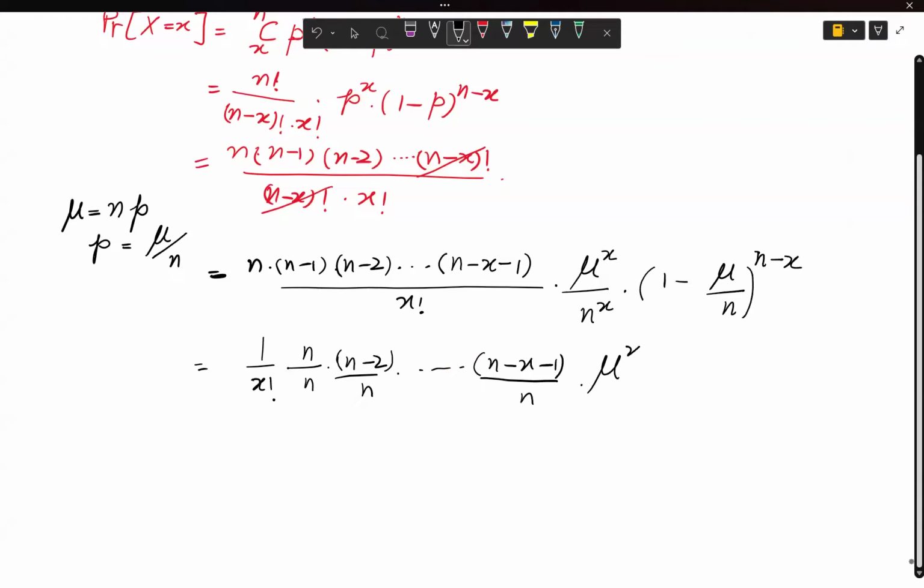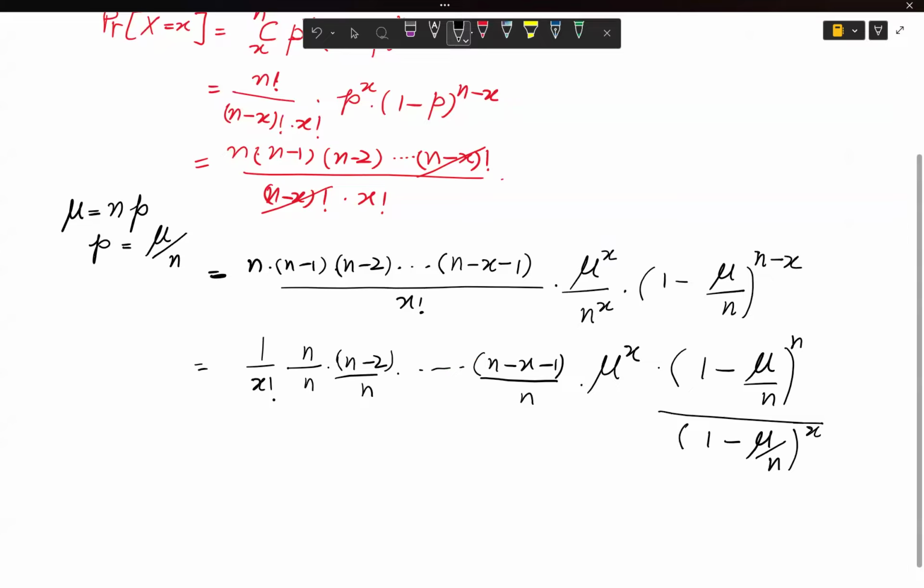Here is the mu raised to x, and this will then be written as 1 minus mu by n raised to the power n, and I write here the other part, 1 minus mu by n raised to the power x.